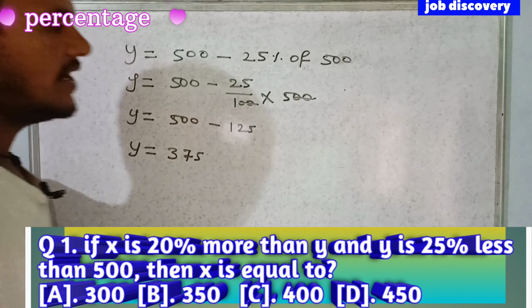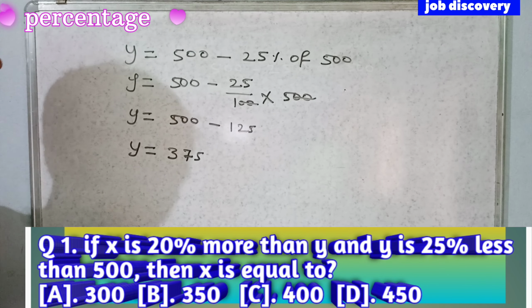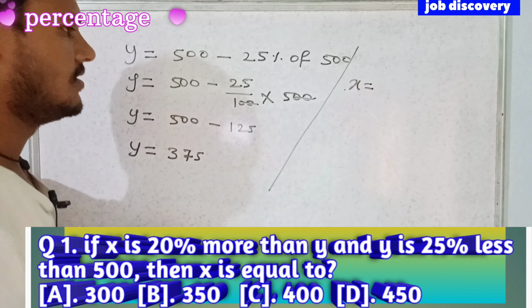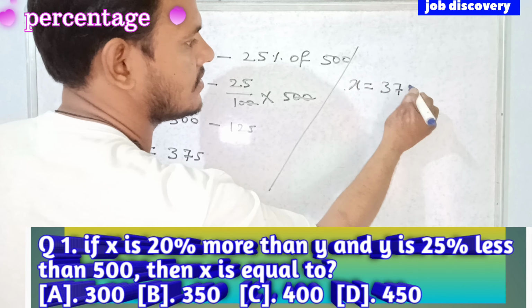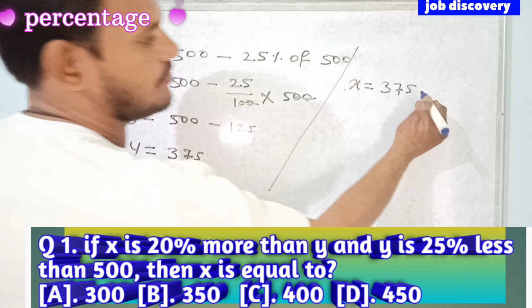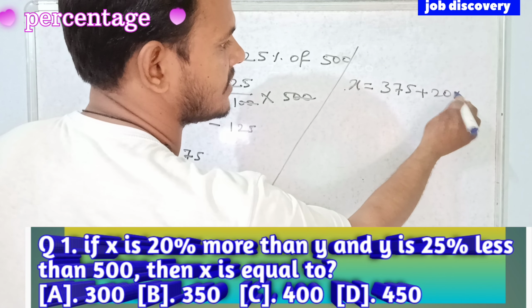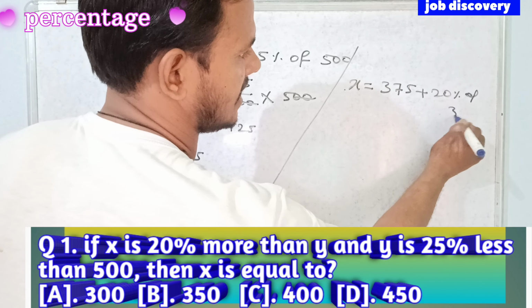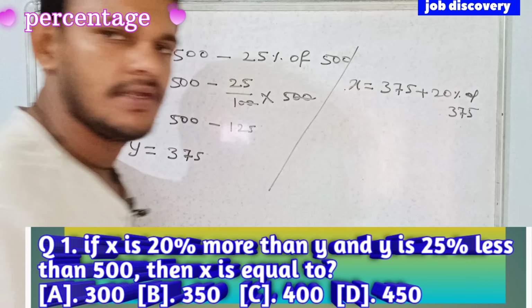Our target is to find the x value. So x is equal to 375, 20% more than the y value, so plus 20% of 375, right?